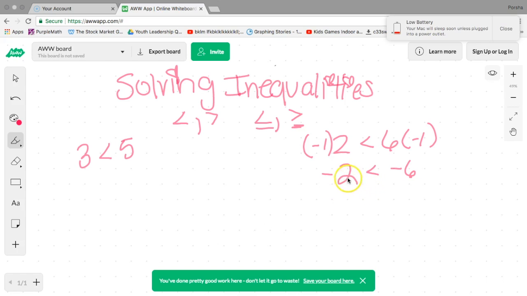So on the number line, negative 2 is actually greater than negative 6 because it's closer to 0. So in this case, you're going to want to flip the sign. Anytime you're multiplying or dividing by a negative, you flip the sign back to where it was, to make the statement true.